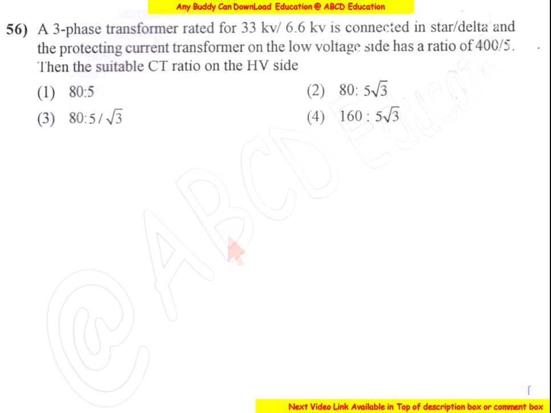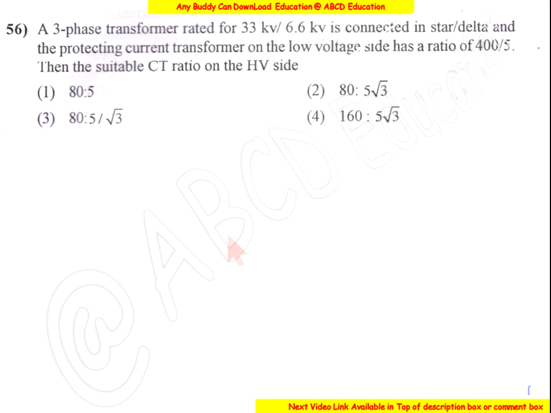A three-phase transformer rated for 33 kilovolt and 66 kilovolt is connected in star delta and the protecting current transformer on the low voltage side has the ratio of 400:5.